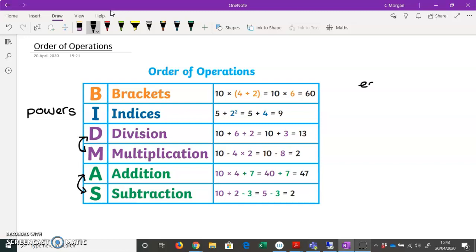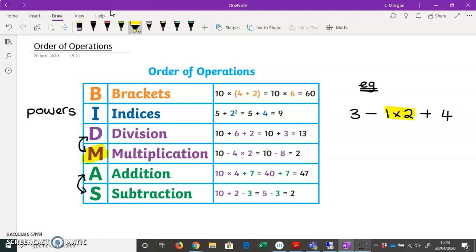For example, if I gave you a question that said something like 3 subtract 1 times 2 add 4, I've just got to remember that if I go through BIDMAS, I can see that multiplying happens before addition and subtraction.